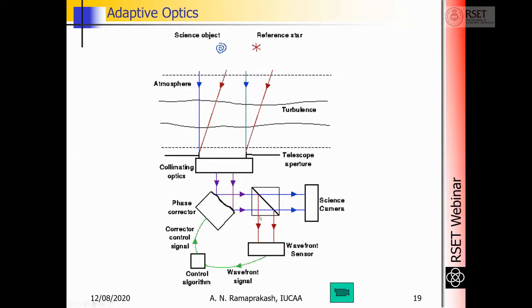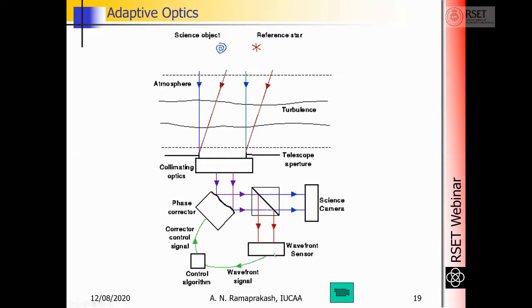And then it hits a beam splitter. The purpose of the beam splitter is that it separates the light from the science object from the reference star. So the science object light passes straight through to the science camera. The light from the reference star reflects in the beam splitter and goes in this direction.